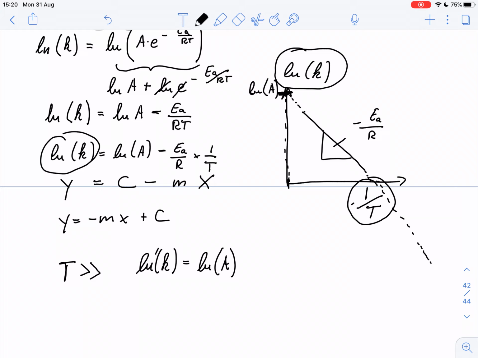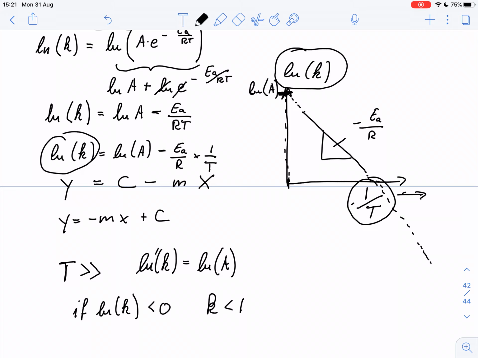If ln k becomes smaller than 0, then k becomes smaller than 1, because ln of something smaller than 1 is a negative number. So the rate constant becomes smaller if T becomes smaller, because then we are going in this direction here.